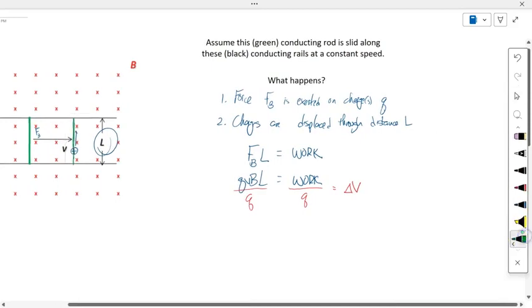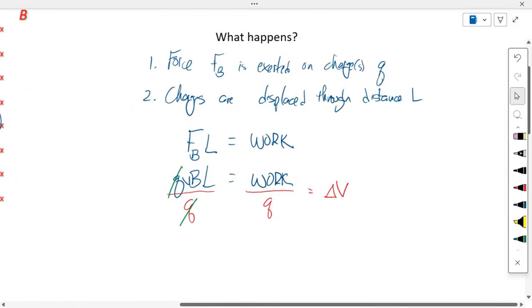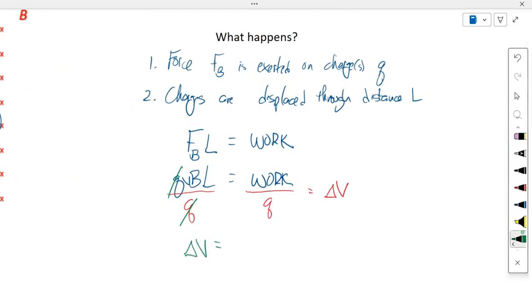Now notice that these Q's go away. So what we get, switching sides, is this delta V, aka an induced EMF, and we use an epsilon.